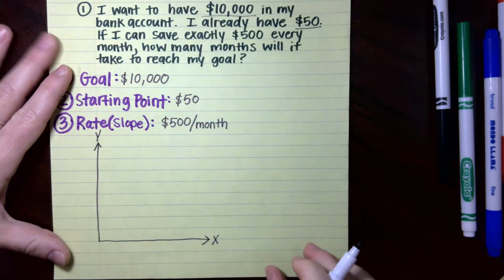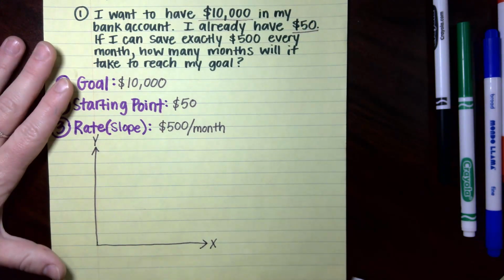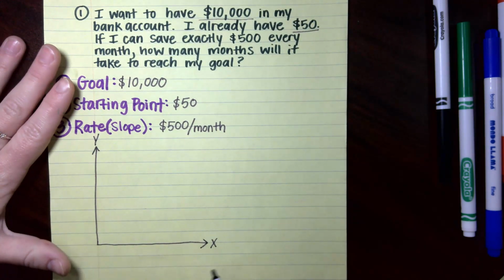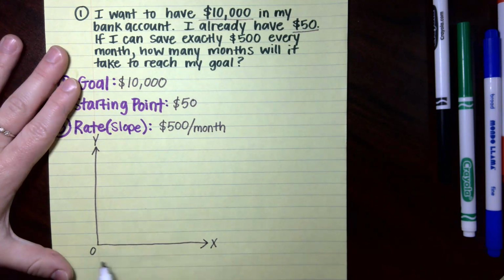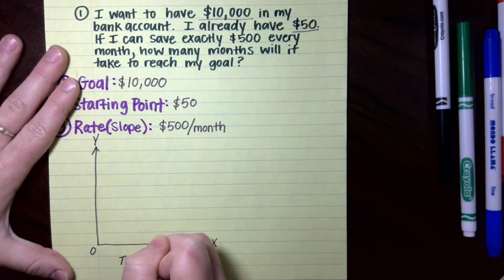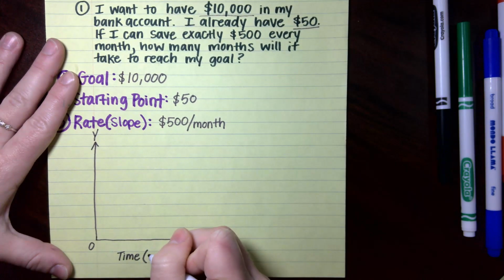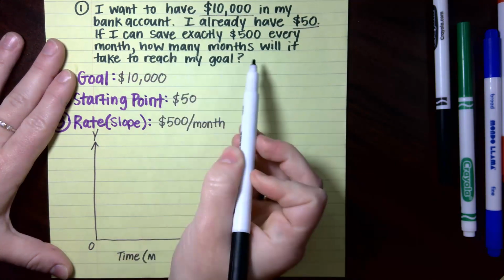Now, any time that we are talking about real life examples, we always, just as a rule of thumb, put our amount of time on the x-axis. So I'm going to say time, and in parentheses I'm just going to say that we're talking about months here, because my question says how many months is it going to take?